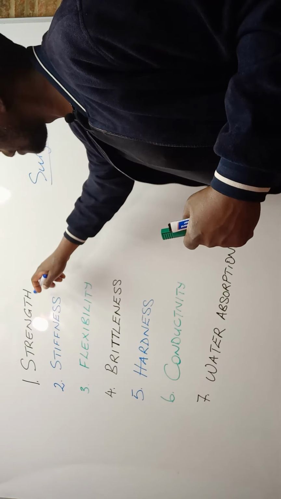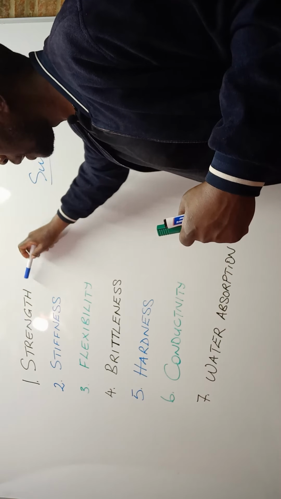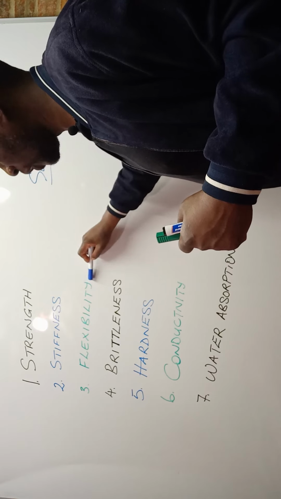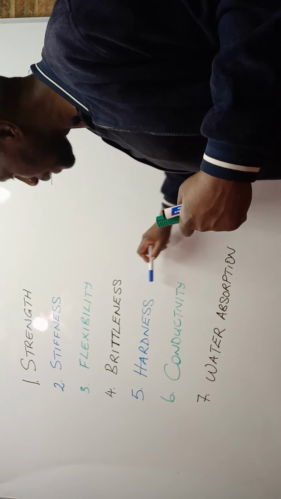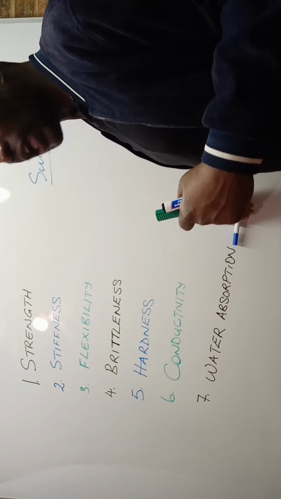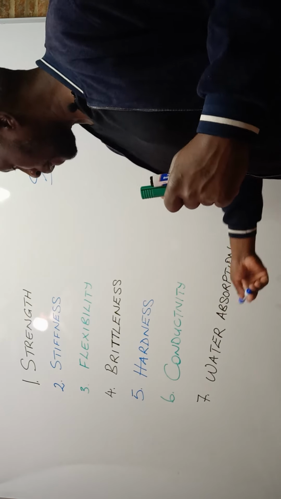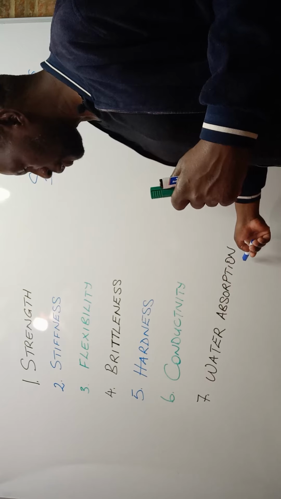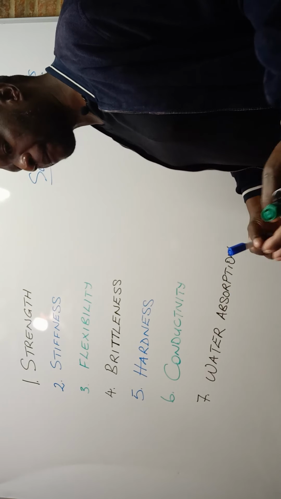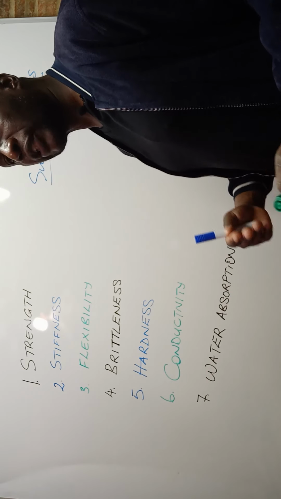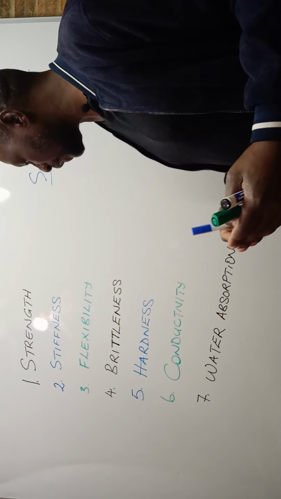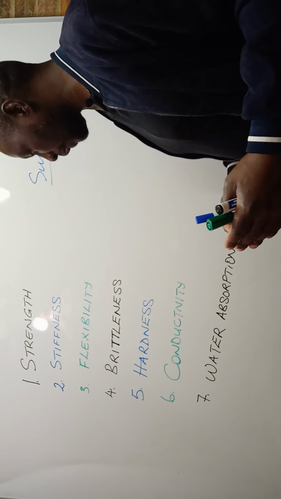The first property is strength. The second one is stiffness, flexibility, brittleness, hardness, conductivity, water absorption. We will start from the bottom. When we talk about water absorption, we are talking about the ability of a material to resist absorbing water, right?